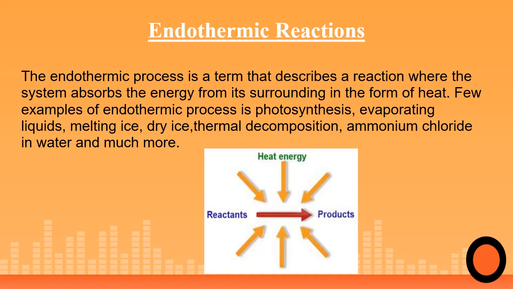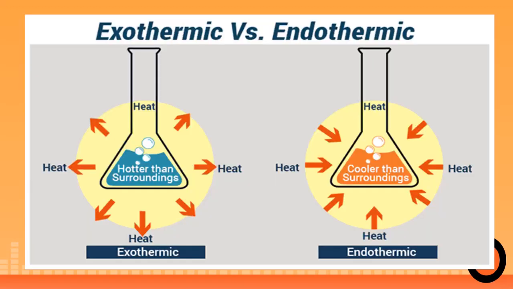My dear students, just look at that simple diagram. Two flasks have been shown to you just to differentiate between exothermic and endothermic reactions. In the first case, the exothermic reaction, it is evolving heat, giving out heat to the surroundings.